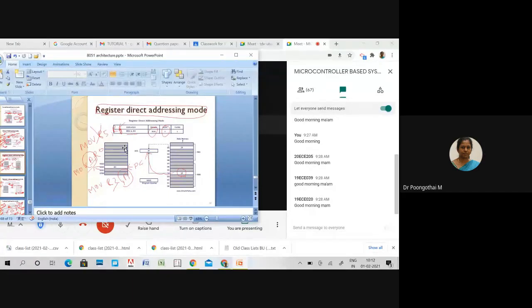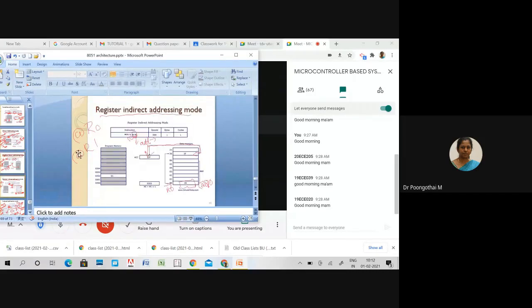So what is the advantage of this mode compared to direct addressing mode? It can save program memory. And execution time is less for this register direct addressing mode.